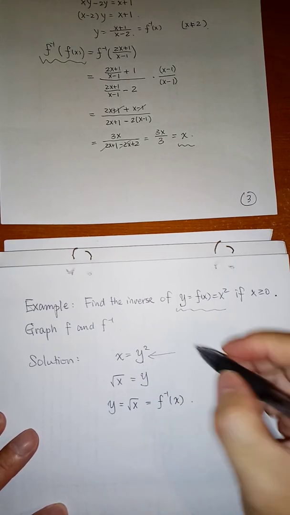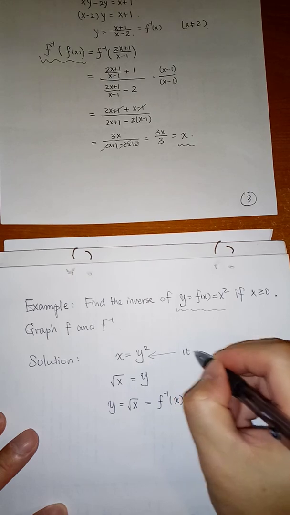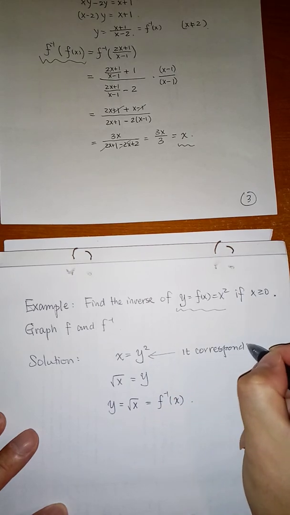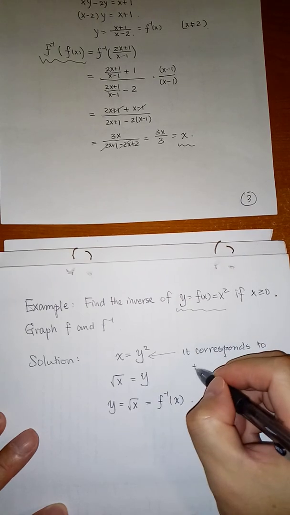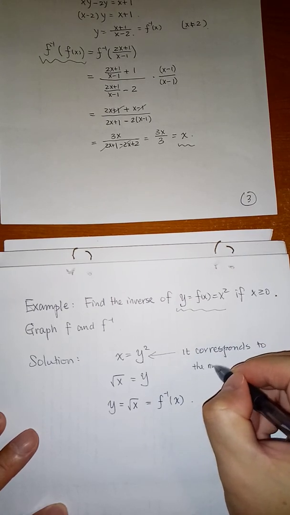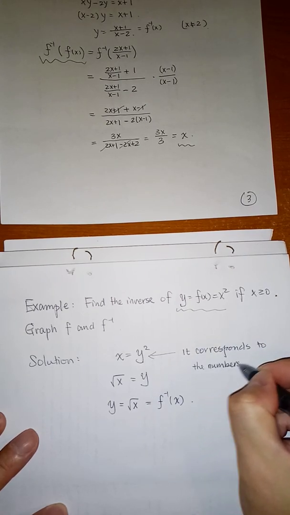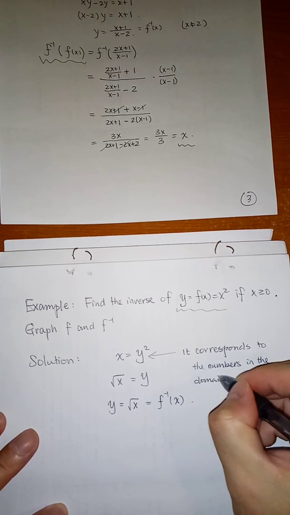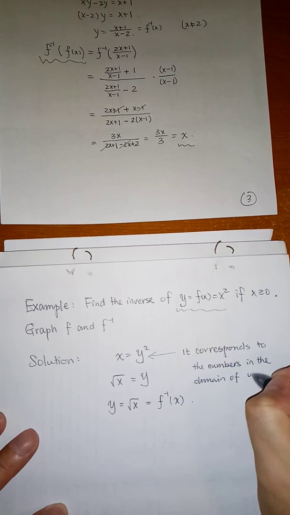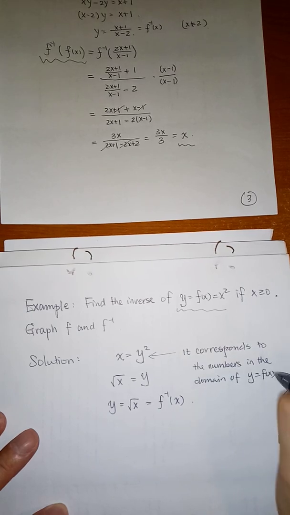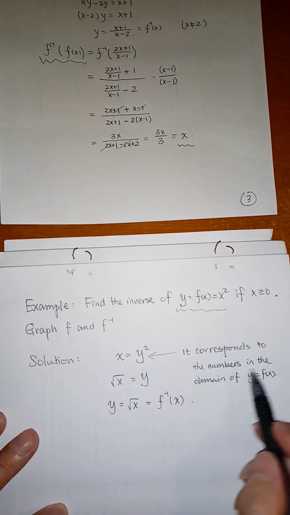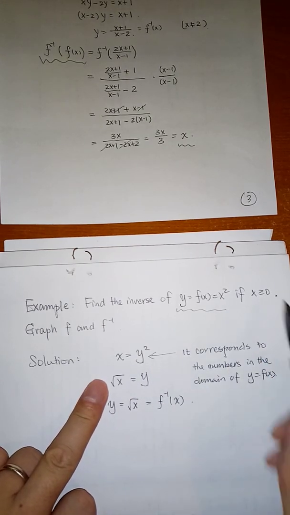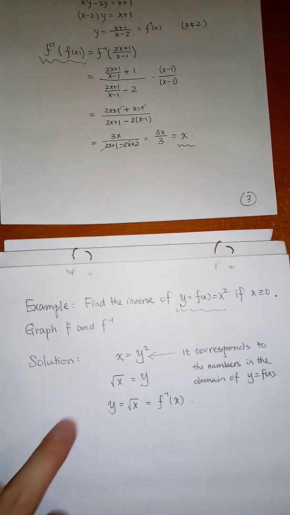Because this y corresponds to the number in the domain of y equal to f(x), the original x. So the domain is positive, so you take positive square root.